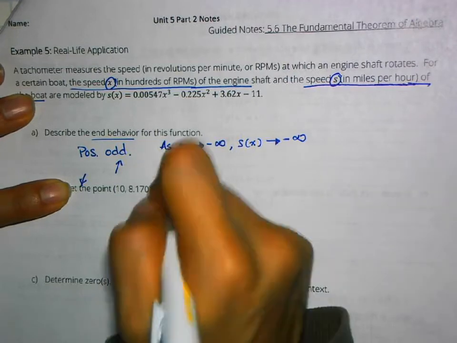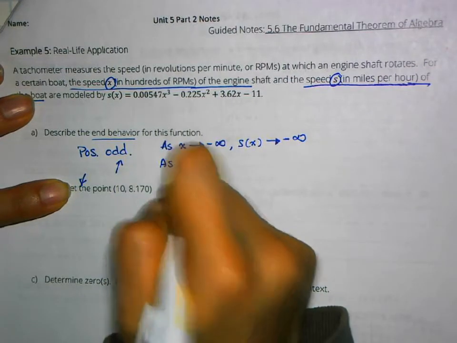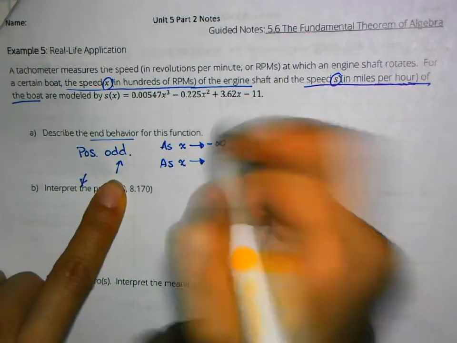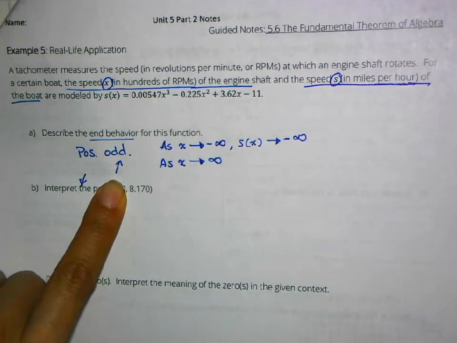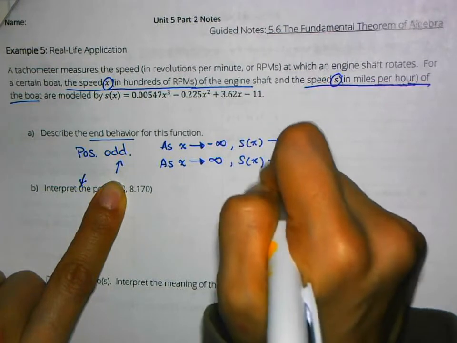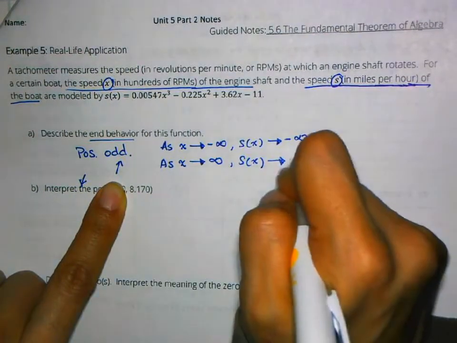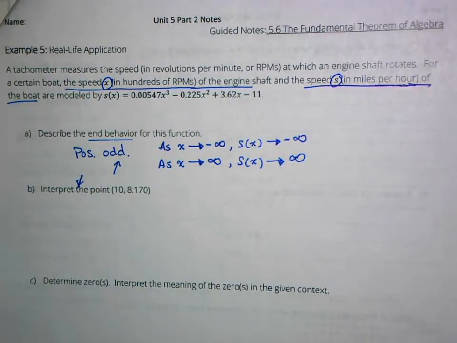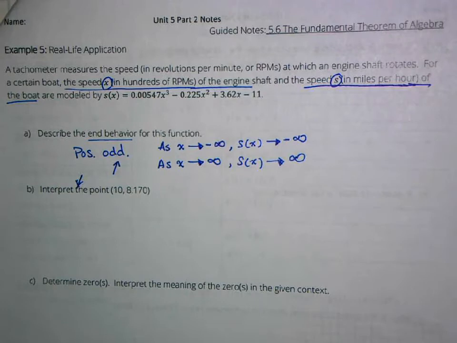Now give me the other side. As x approaches positive infinity, the right-hand side, what's happening to my graph? The graph is going up, so s of x approaches positive infinity. That would be my end behavior. I haven't gotten anything with the calculator yet, so let's keep going.